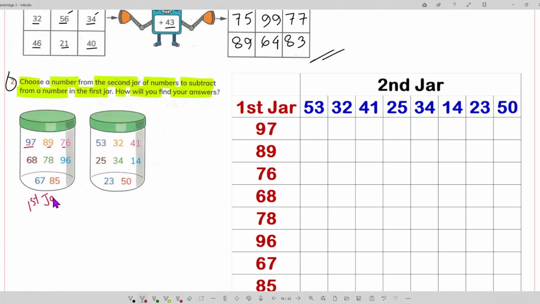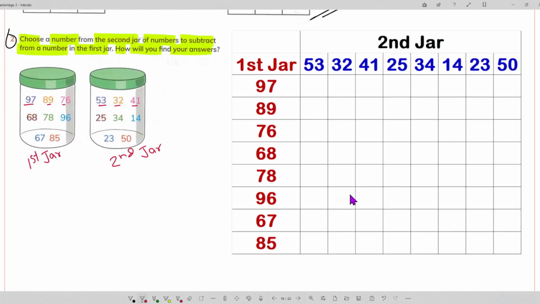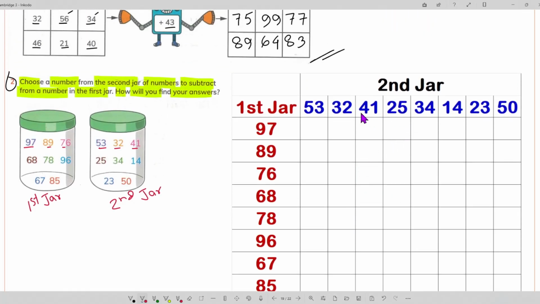And 53, 32, 41, this is the second jar. So I'm writing like this. The first column is the first jar, like 97, 89, 76, all numbers I'm writing here. And the second jar numbers are the first row.